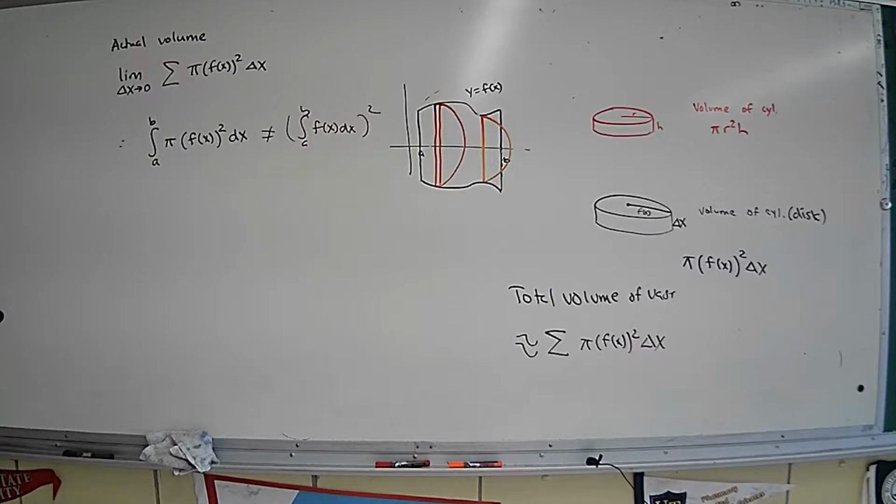Just because two shapes have the same area and you spin them around the axis, I don't know that necessarily means the resulting volume is going to be the same. Yeah, I have to think about that.